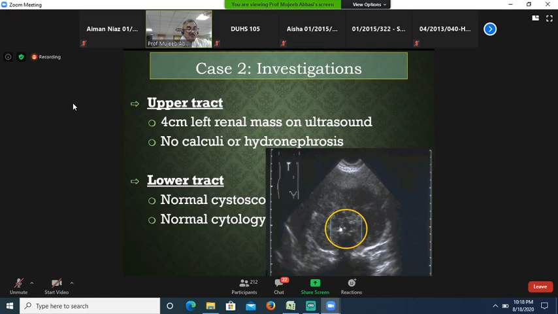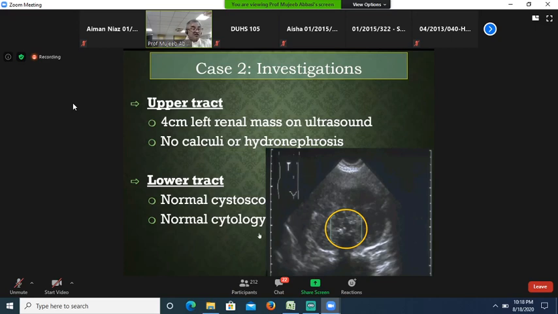The mass is there. Sorry, I tried to upload the real ultrasound, but there was an issue with the video system, so couldn't get that one. Now, he had a normal cystoscopy, a normal cytology.